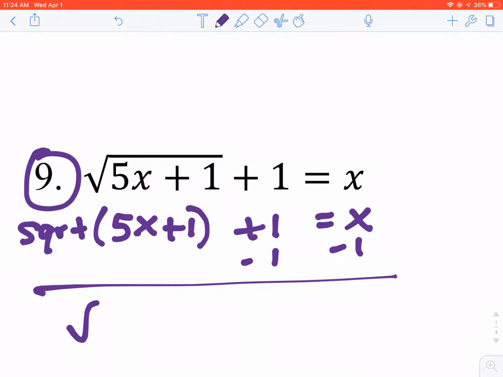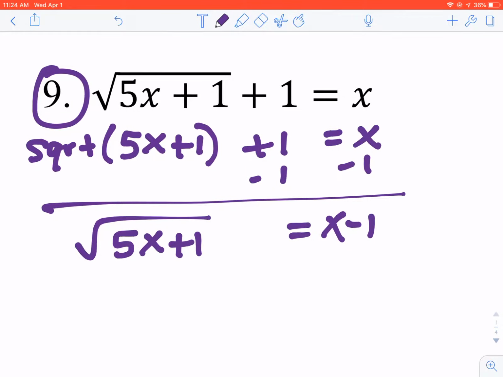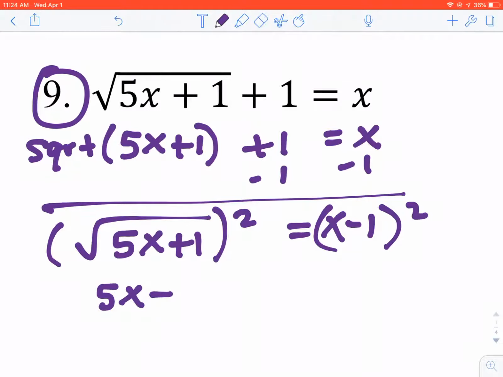So now I have the square root of 5x plus 1 is equal to x minus 1. And then I'm going to square both sides, because that's how I get rid of square roots. So I have 5x plus 1 equals, again, be careful squaring this, x squared minus 2x plus 1.